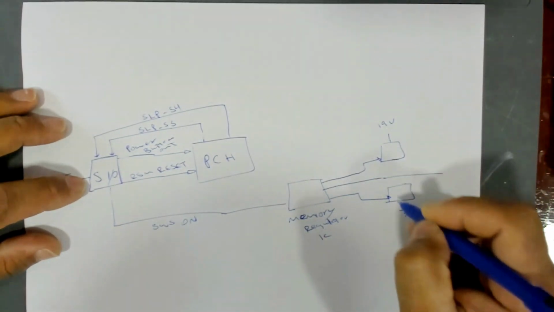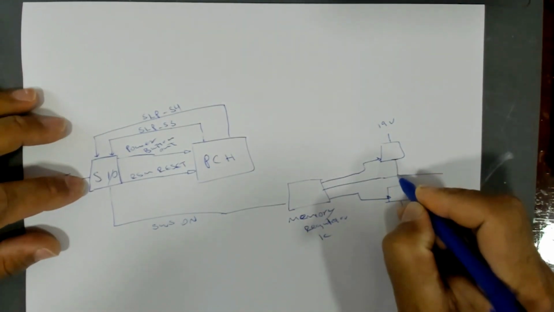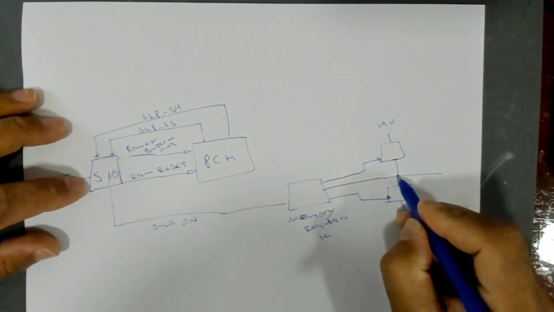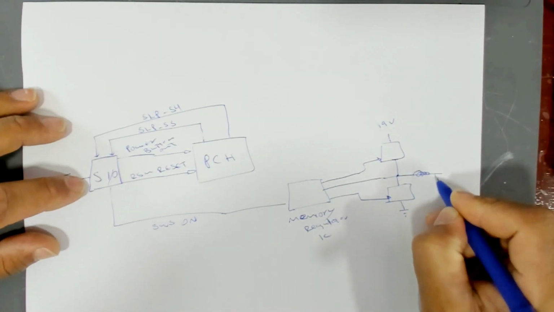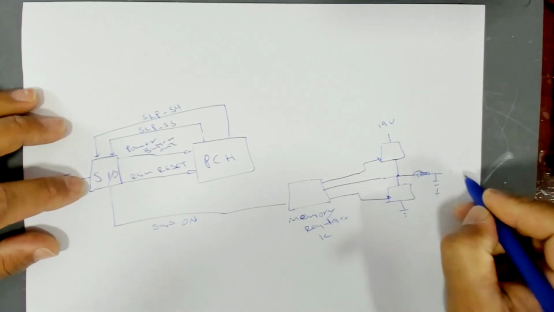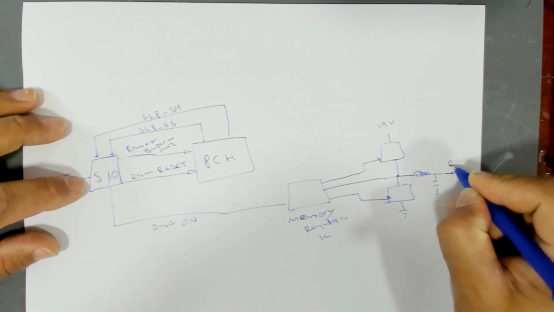Both of these N-channel MOSFETs are connected to one point, and this point goes through a coil and smoothing capacitors and then to RAM VDD.